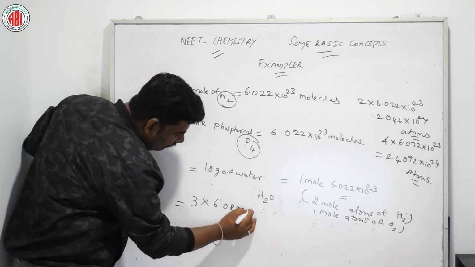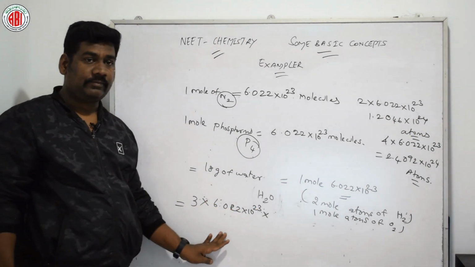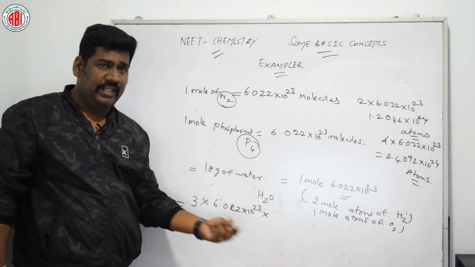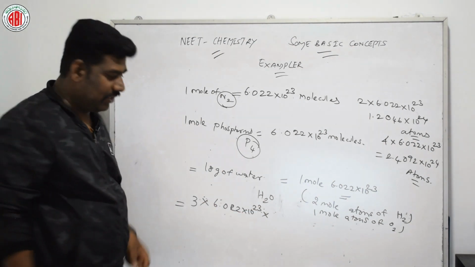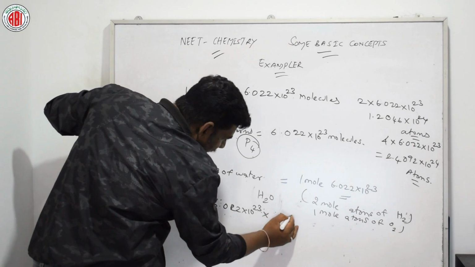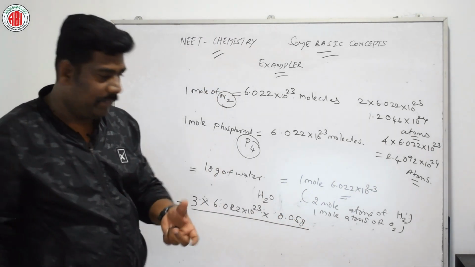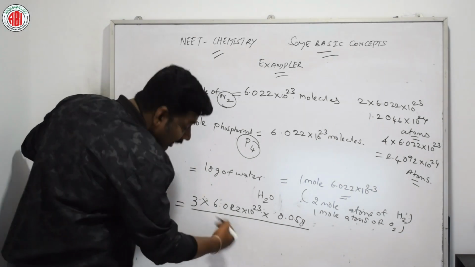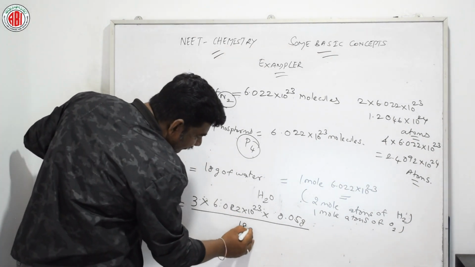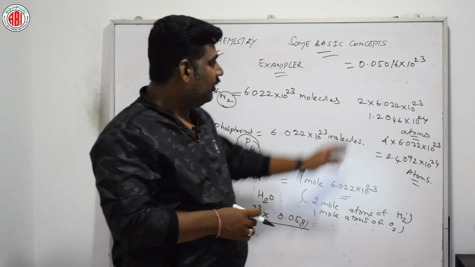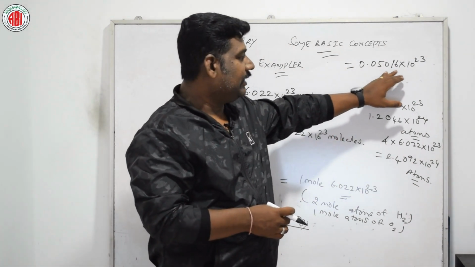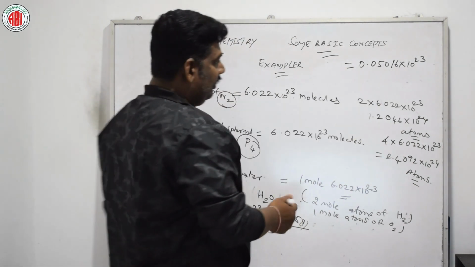6.022 into 10 to the power of 23 into, in the question they asked us to find 0.05 gram of water. That means 0.05 gram divided by overall gram molecular weight. Overall gram molecular weight, that is what? 18 gram. Simplifying this, we will get around 0.05016 into 10 to the power of 23.